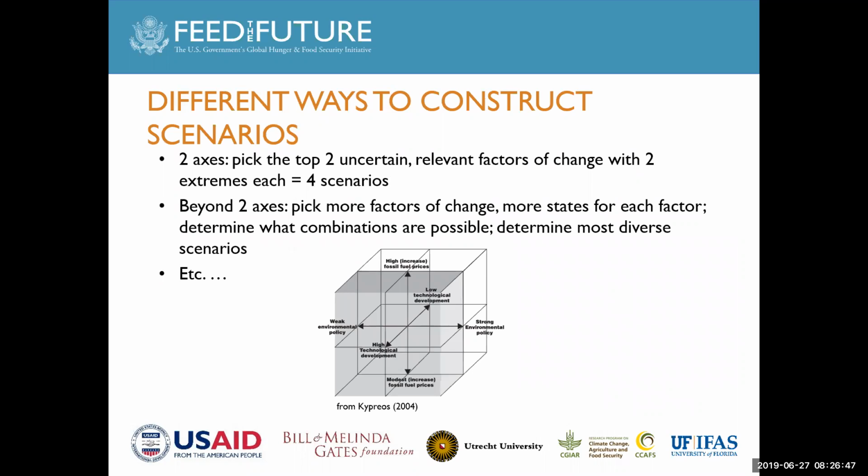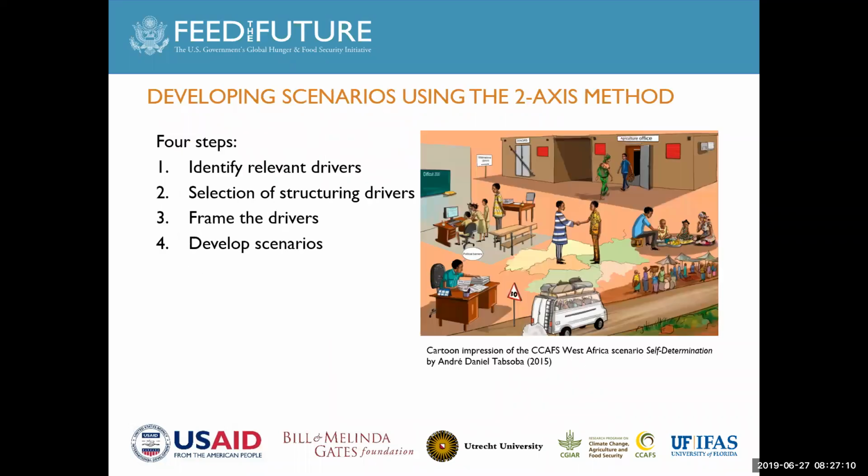There are different ways to construct scenarios. Here we focus on the two-axis method, in which we combine two of the most uncertain and impactful drivers. But there are numerous other ways to do this, for example, with three structuring drivers, as this picture shows. But we're focusing on this two-axis method. So how does that work? We can distinguish four different steps in the development process of scenarios.